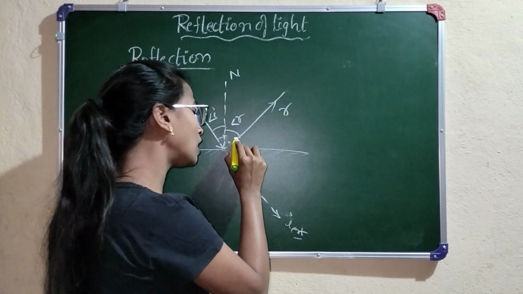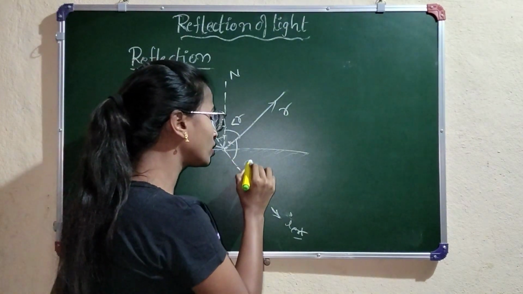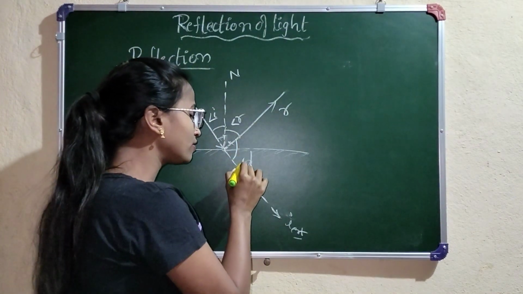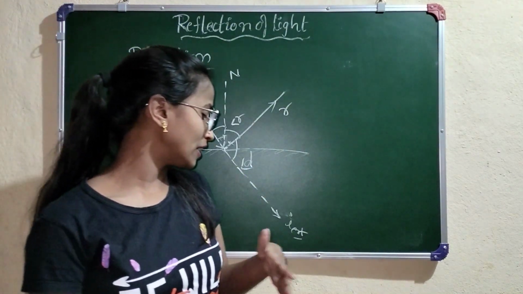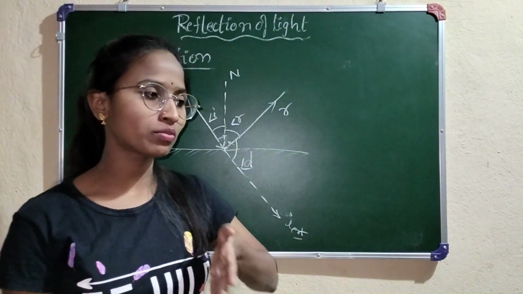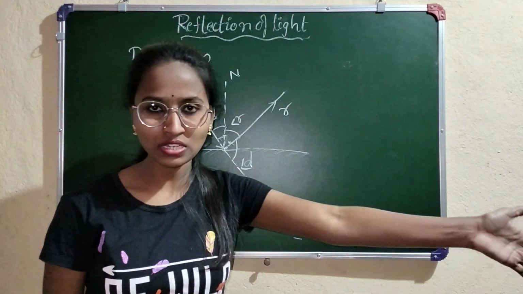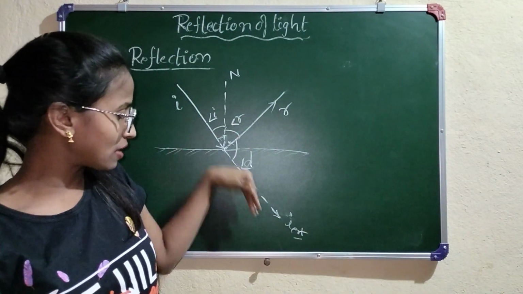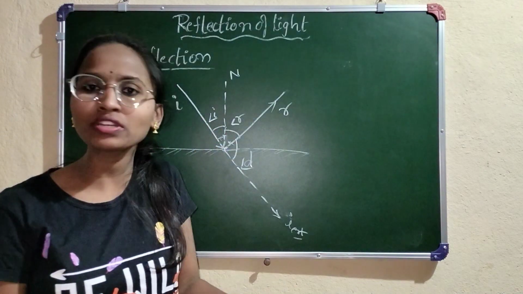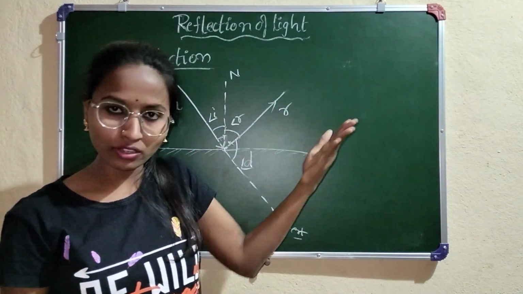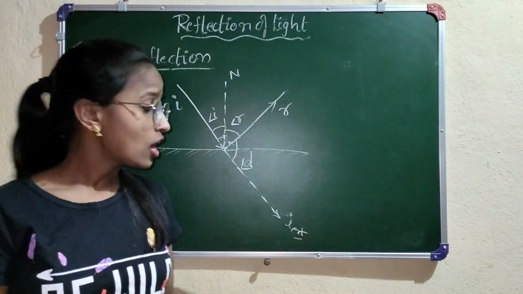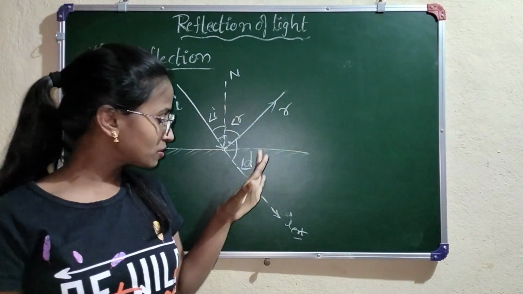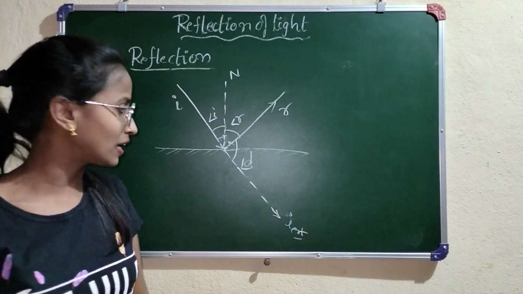The angle between the R and the extended incident ray we are calling the angle of deviation. Deviation means how much the light deviates its path from where it was previously traveling. Previously it is traveling like that, but actually it should have traveled like that, but in between another opaque medium or mirror is there, because of that it is deviating. How much is it deviating? This much angle, that is the angle of deviation.